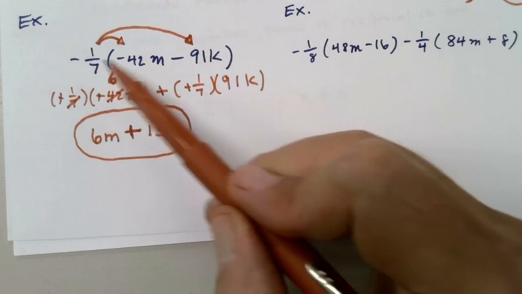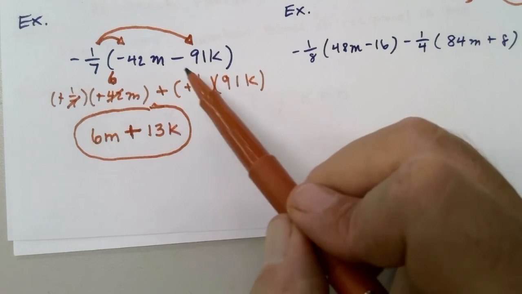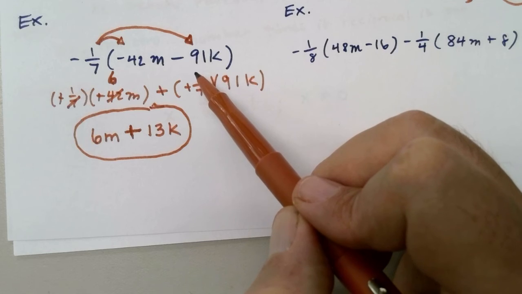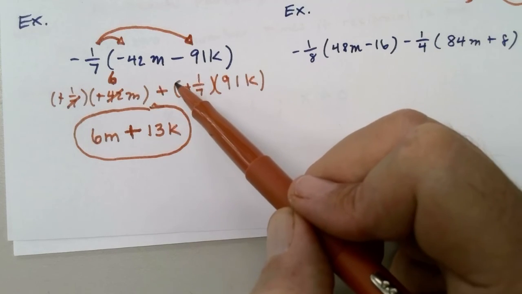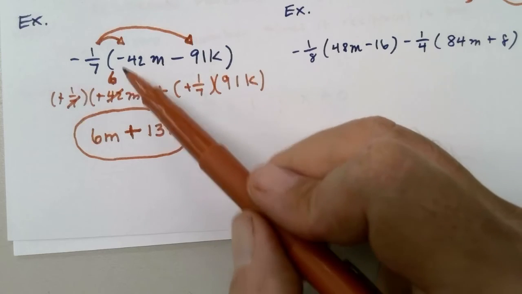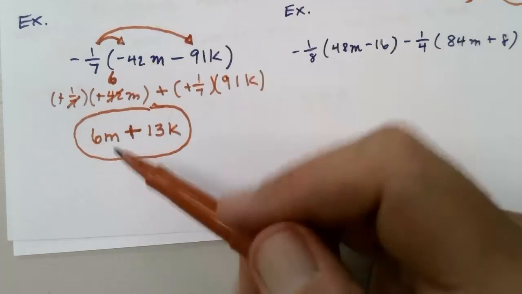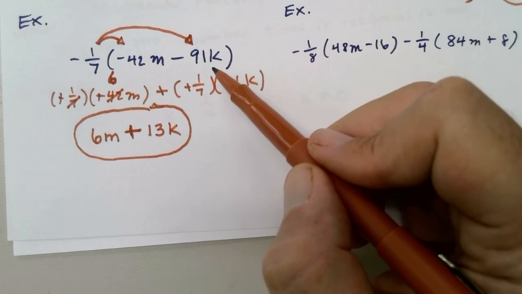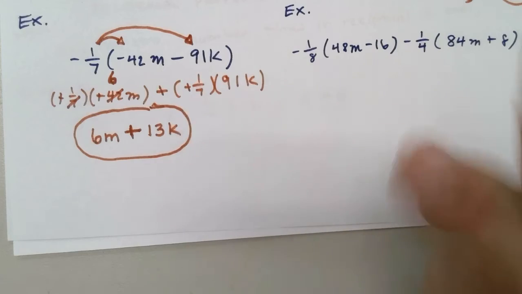So I have negative 1/7 times negative 42 became positive. I have negative 1/7 times negative 91, and they became positive. So that's why that's a plus sign, and all the negatives disappeared. Next, I did 42 divided by 7 is 6. The m is just 6m. And I did 91 over 7, which is 13, and that's just 13k.